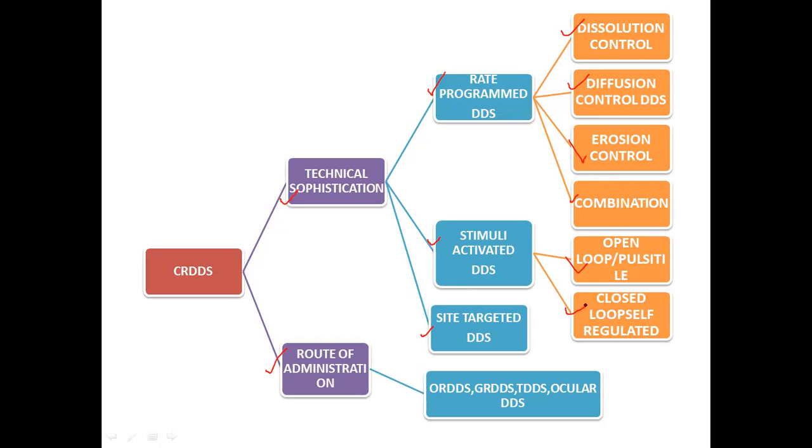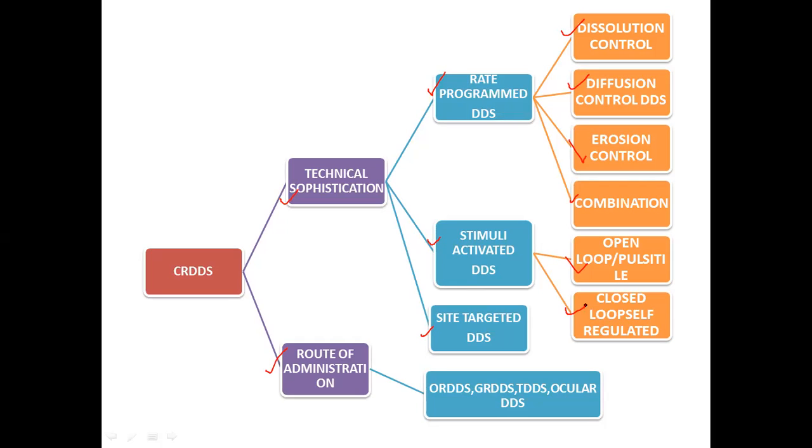Basically, these types of systems are capable of releasing drugs in response to stimuli, either chemical, physical, or biological. So they are also called smart or intelligent drug delivery systems, or environment sensitive drug delivery systems, as they are triggered to release the drug in response to external events.